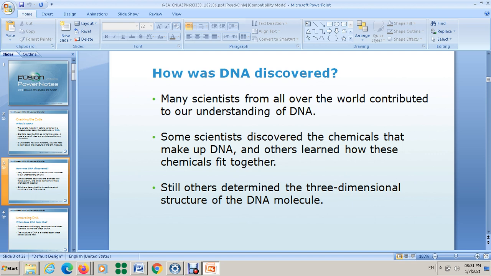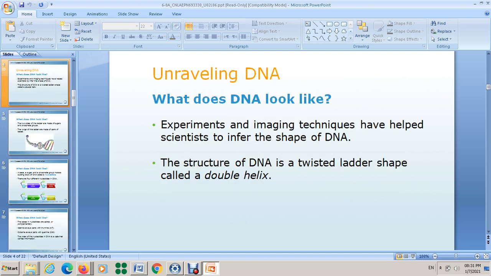Some scientists discovered the chemicals that make up DNA, and others learned how these chemicals fit together. Still others determined the three-dimensional structure of the DNA molecule. Experiments and imaging techniques have helped scientists to infer the shape of the DNA.